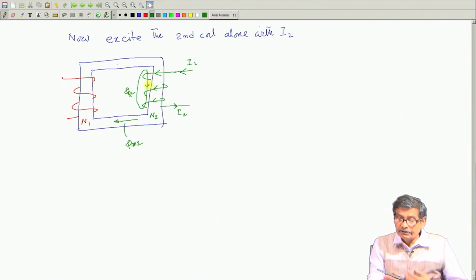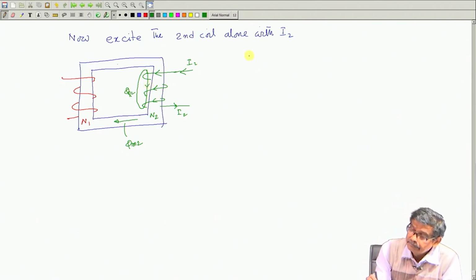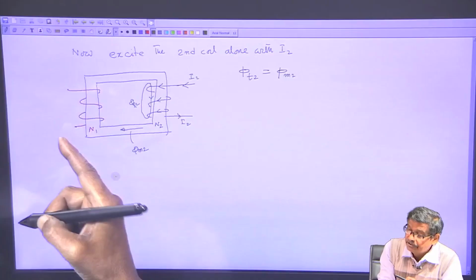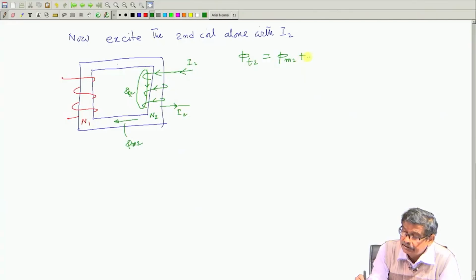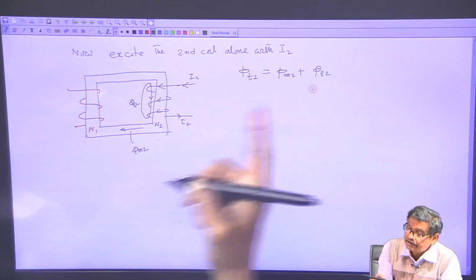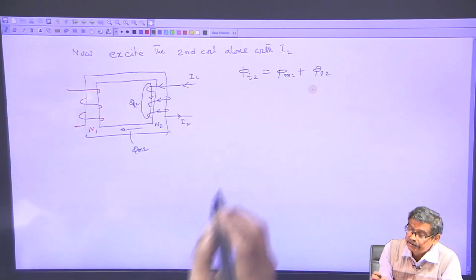So, when the second coil carries current, phi T2, total flux created by the second coil, will be in the same way the mutual flux, which is going to link the first coil, plus the leakage flux. What do these two indicate?